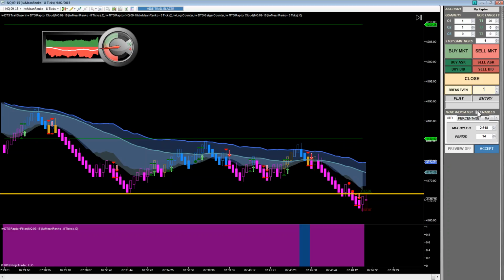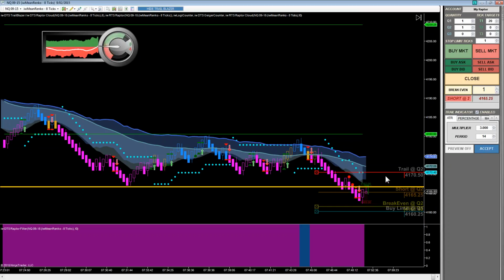So what this does is, let's say I have my stops enabled. We don't have a sell signal here just yet, but I'm just going to show you how this works. If I sell the market, I automatically get my stops, I get my profit targets according to what I've set, and I've got my break-even triggers.